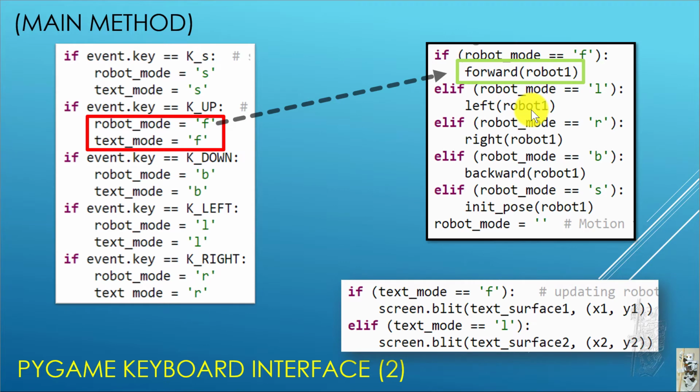I want to implement it so that when you push the key forward one time, it will move to the forward position and move only one time, so it won't trigger too many of them. The text mode, of course, is used to display the proper text information. So if you go forward, you're going to see on the screen the message saying forward.